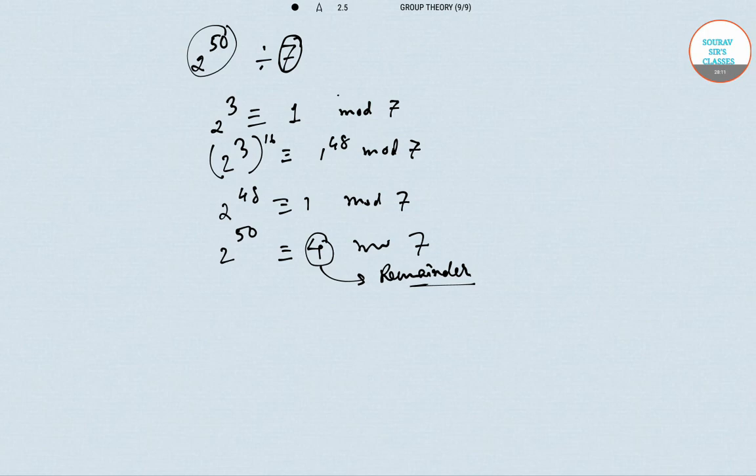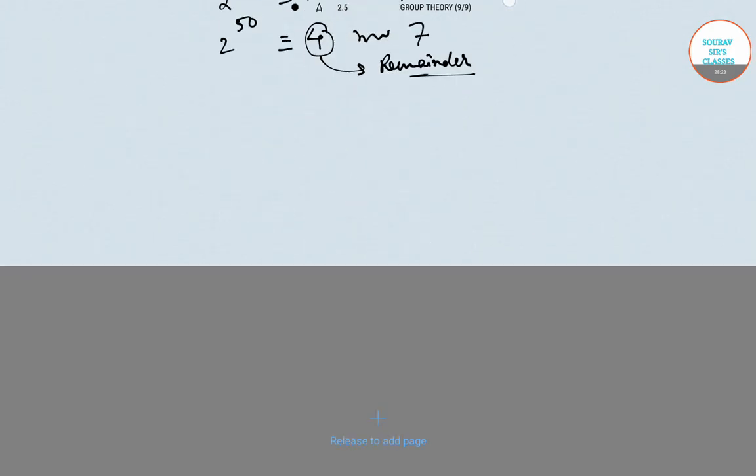So by basic modular structure also we can solve the question. If you are asking what kind of question is going to come, this is exactly the kind of question that will be coming. I can do another one here. For example, 2 to the power 1000 divided by 5.